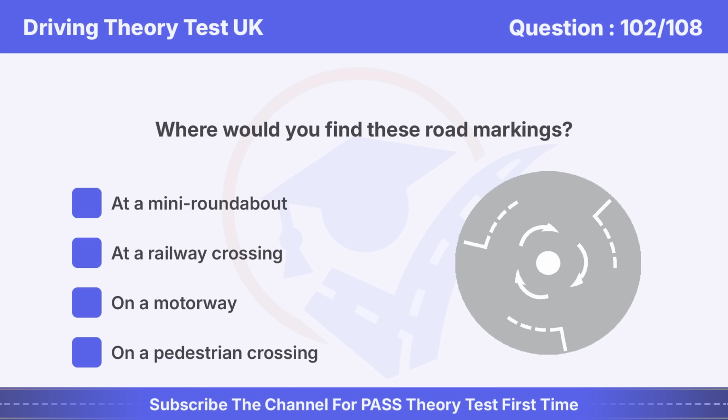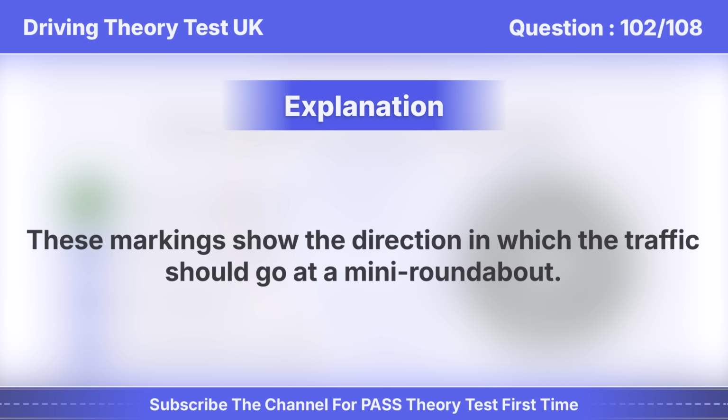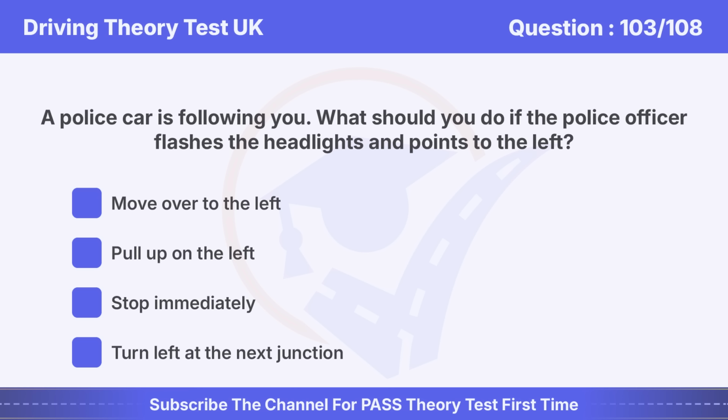Question 102. Where would you find these road markings? Answer is A. At a mini roundabout. These markings show the direction in which the traffic should go at a mini roundabout. Question 103.